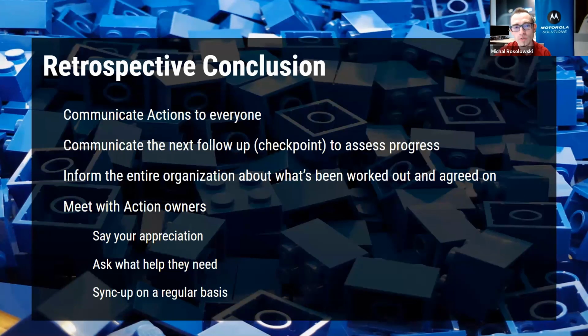Because if we don't do this, the action owners may lose interest. For example, there is some other important thing that they've been asked to do, or they forgot, or they are too busy, whatever. So I think it's a nice practice that some of the management team keeps pace with action owners and keeps track of the actions, activities and decisions taken.